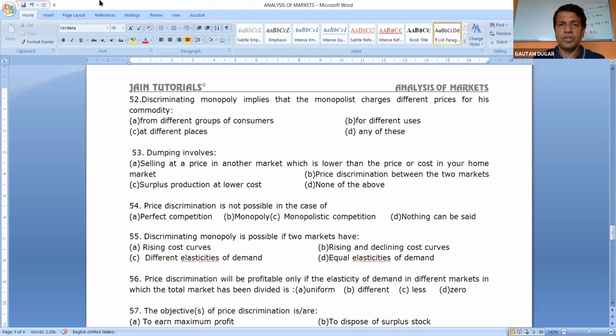Suppose a book is launched at just 100 rupees as the market price. The same book with better quality pages and a better binding, maybe you may find that book in a store and it is being sold at 700.